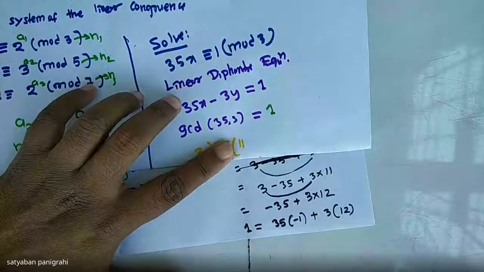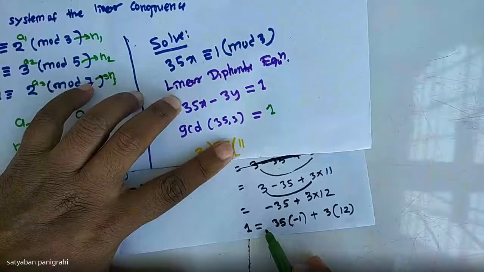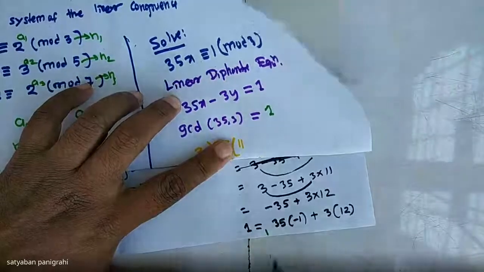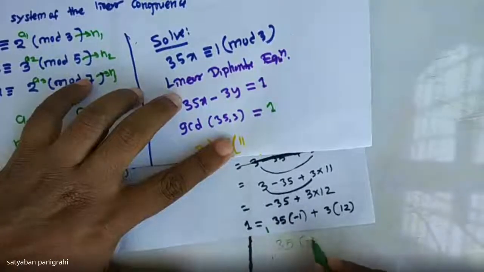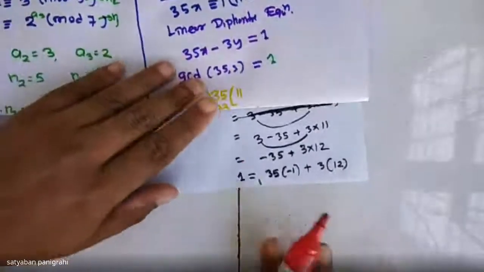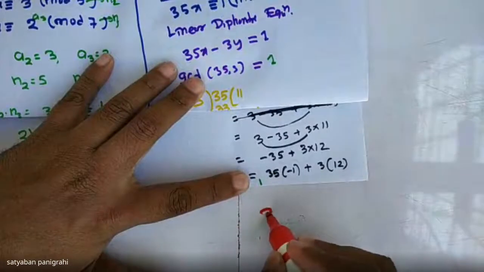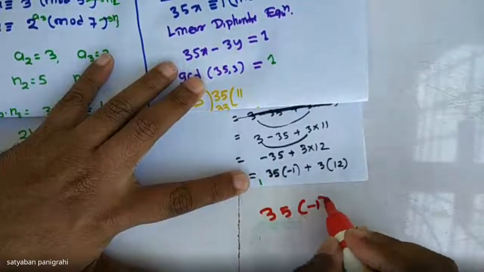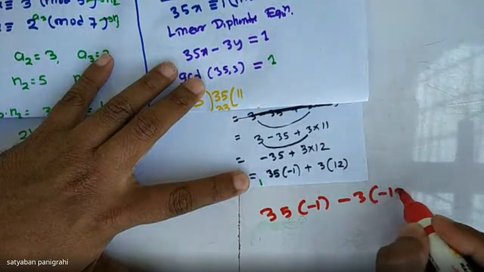So to convert this, what do you have to write? 35 into minus 1 minus 3 into minus 12.